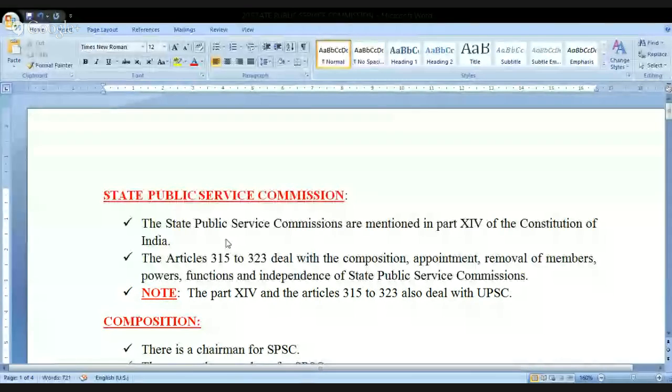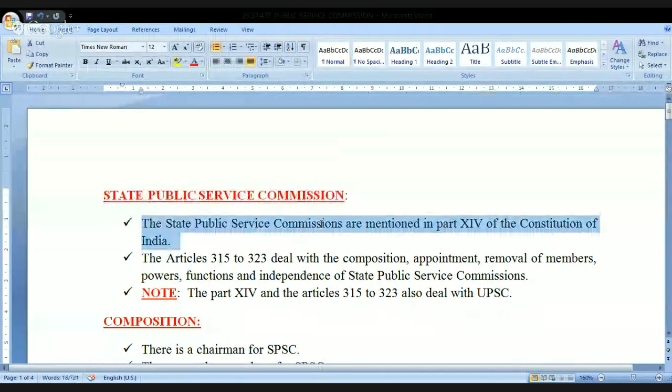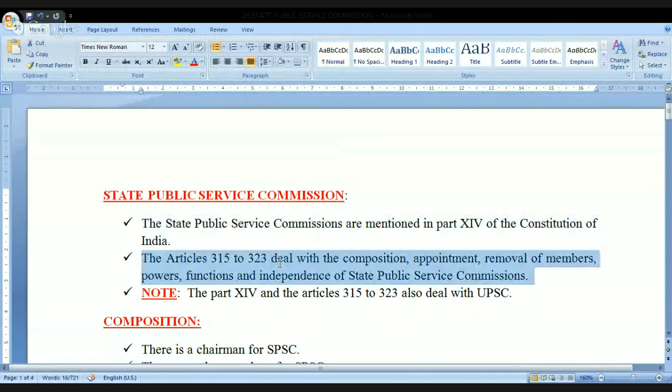So the topic is State Public Service Commission. These are mentioned in Part 14 of the Indian Constitution. Articles 315 to 323 deal with the composition, appointment, removal of members, powers, functions, and independence of the State Public Service Commissions. Here I have given something in the form of a note.